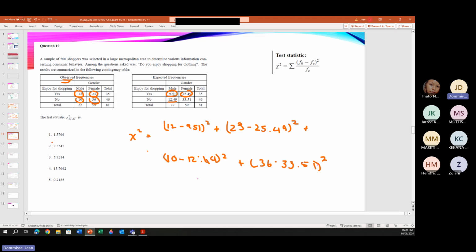And each one we will need to divide by the expected. So that one is divided by that, that one is divided by the 25.49. So this is a very long exercise.